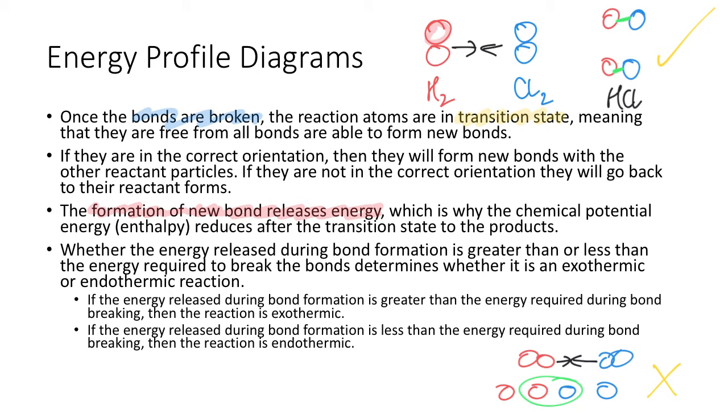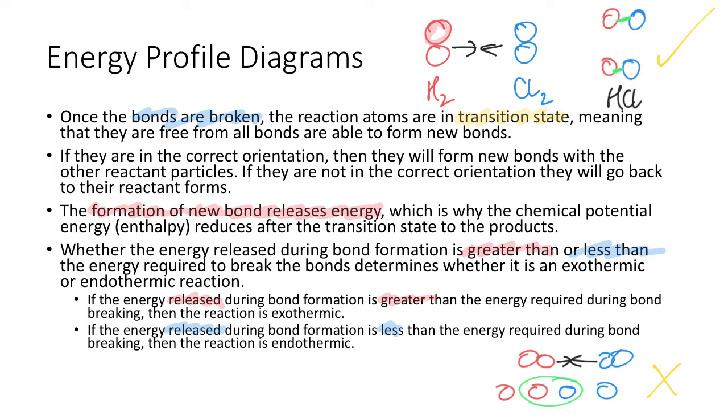So whether the energy released during bond formation is greater than or less than the energy required to break the bonds determines whether it's an endo or exothermic reaction. If the energy released during bond formation is greater, then it's going to be exothermic. If the energy released is less than the energy required, then it's endothermic.